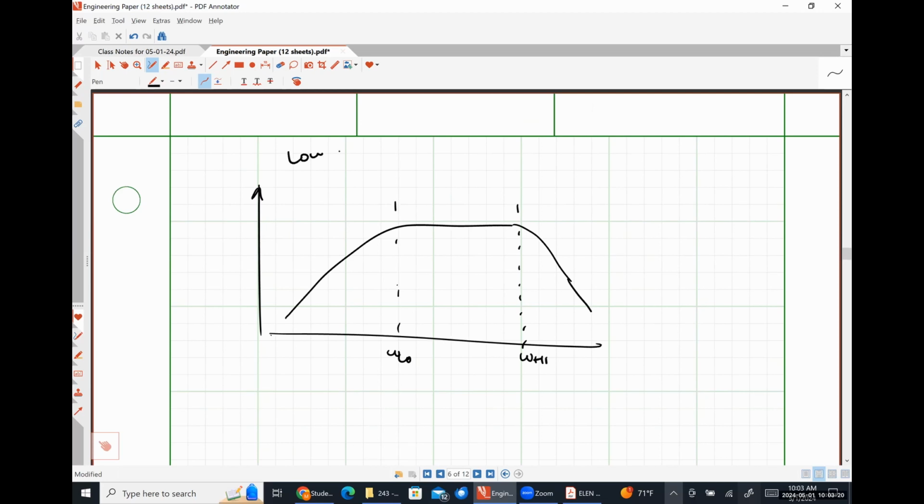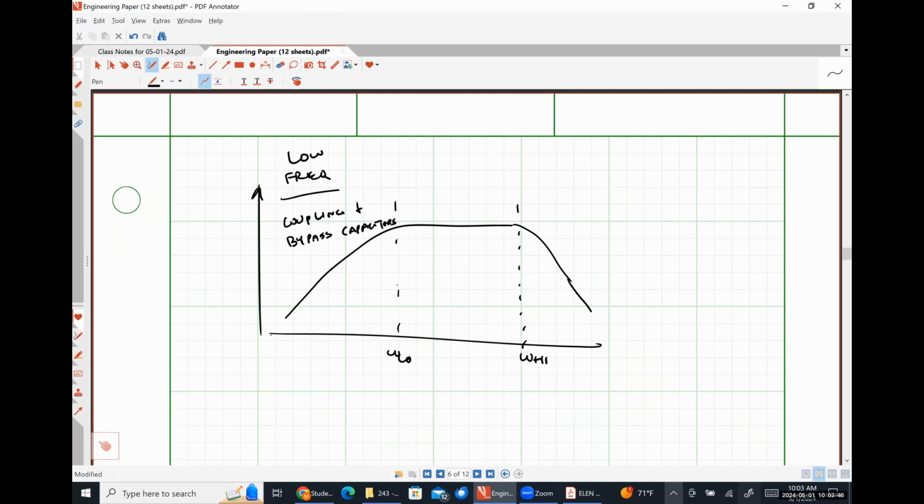So in the low frequency regime, coupling and bypass capacitors are transitioning from looking like open circuits at DC to short circuits once we hit the midpoint.